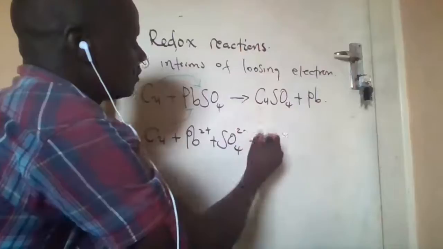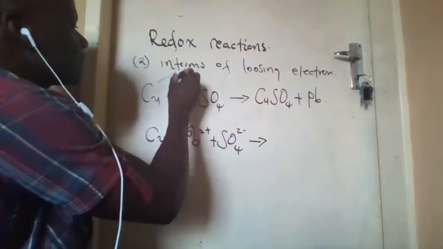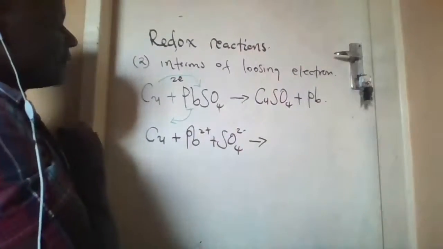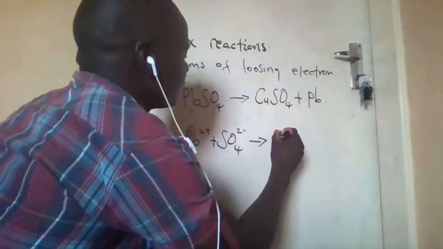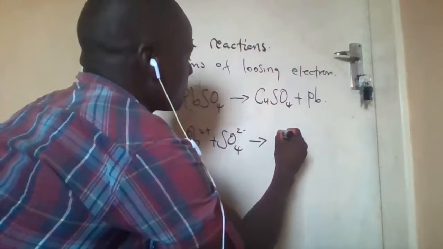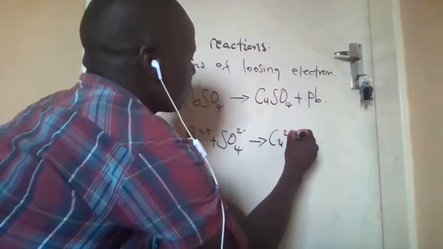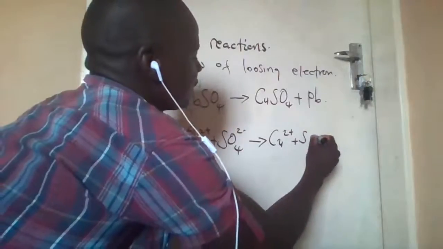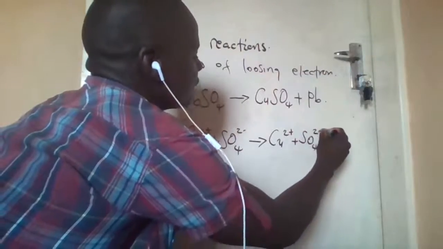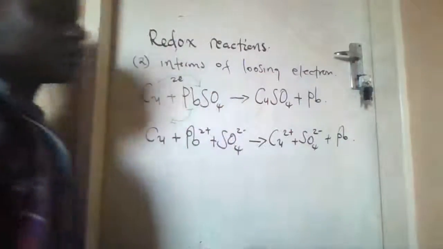Then cuprous is going to donate 2 electrons, so we have copper with 2 plus, then plus the sulfate, which is 2 minus, and then Pb, which is formed as a single entity.